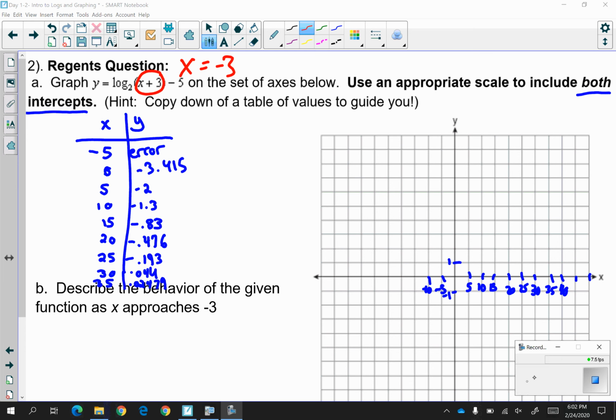So go to -3 and put down where you think your asymptote is. And then from there, you're going to plot all the points and connect them. Make sure you don't touch your asymptote.